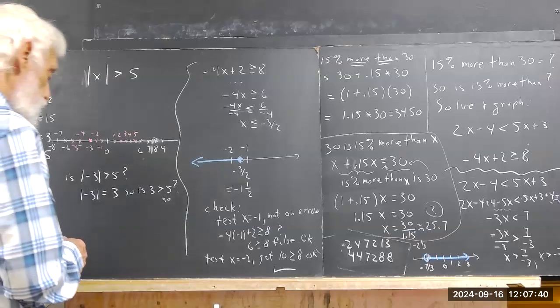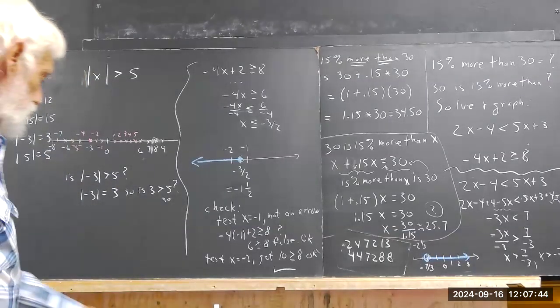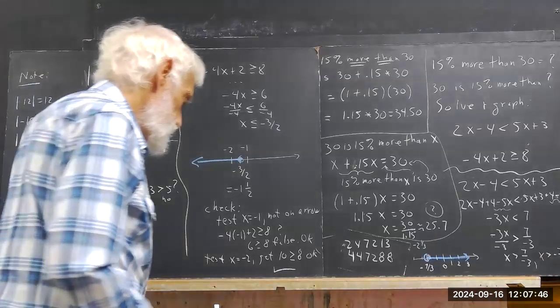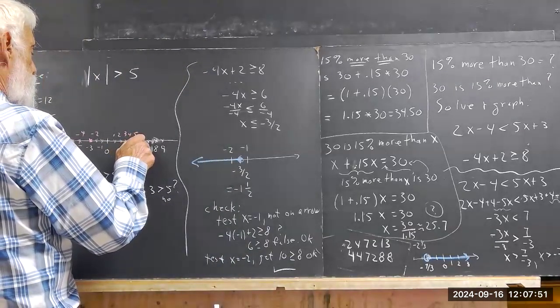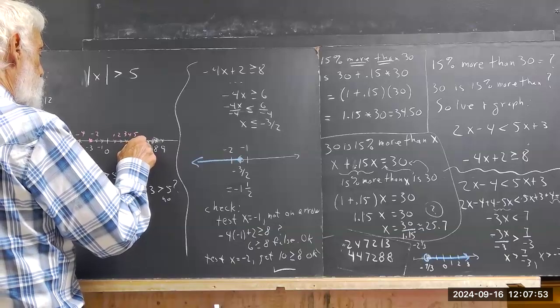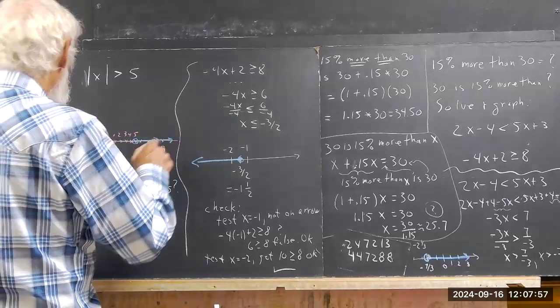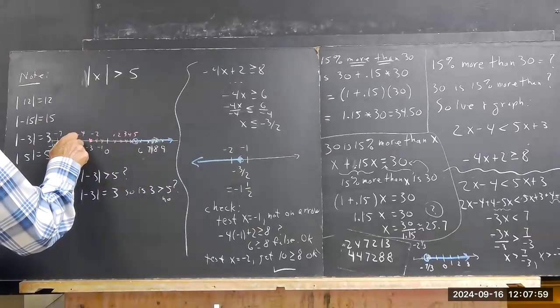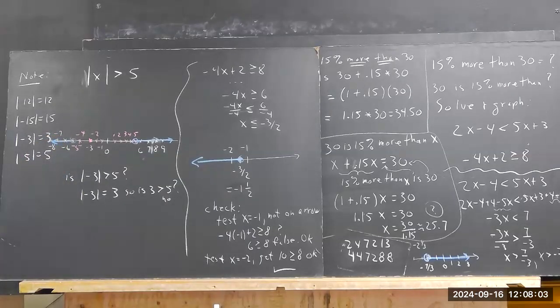So what I can do now, if I want to put this set, is put an open circle around 5 and an arrow to the right, and an open circle around -5 and an arrow to the left.